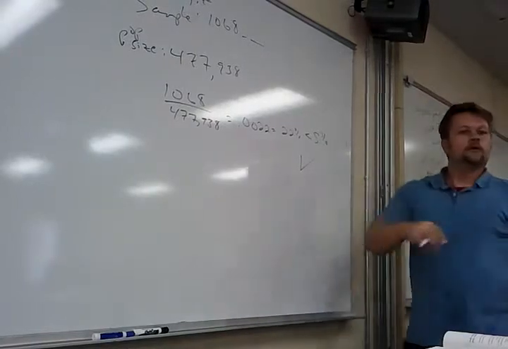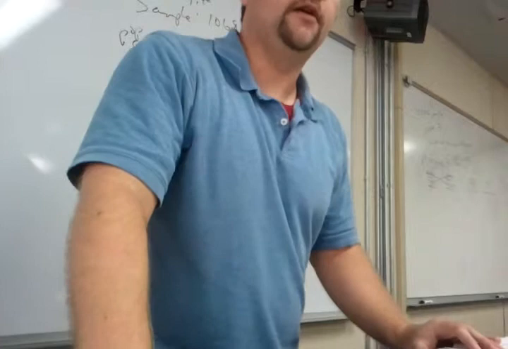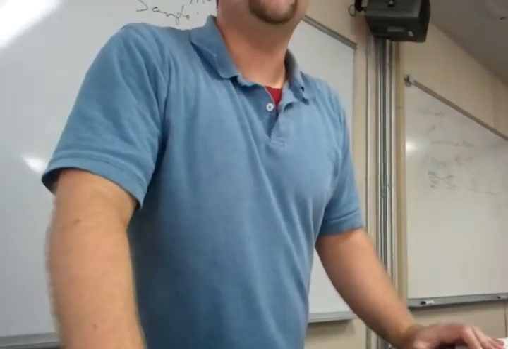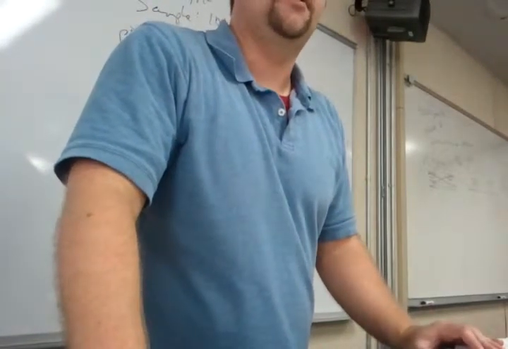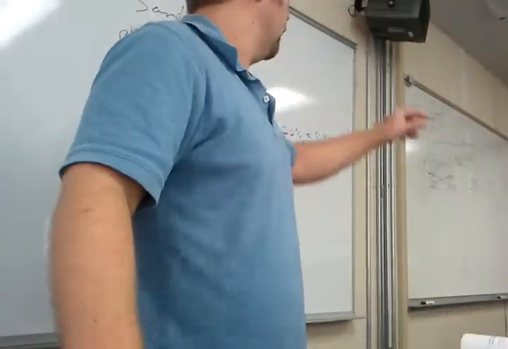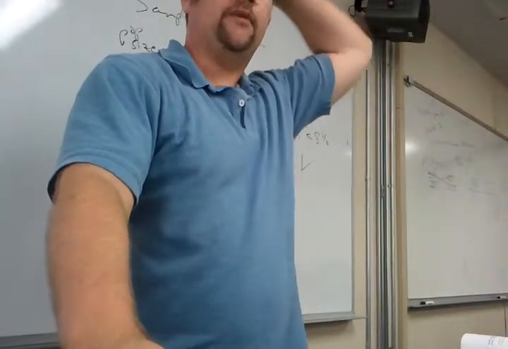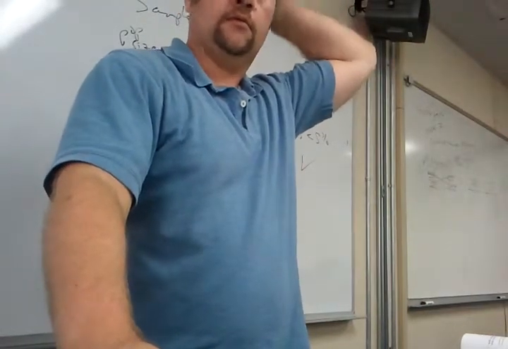How can you tell if they're independent or dependent? What does it say? If the sample you picked is less than 5% of the population. Very specific. So if you have 4,000 people and you only pick 2, that's less than 5%.